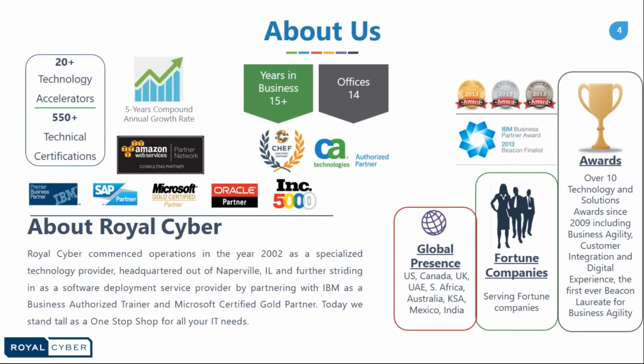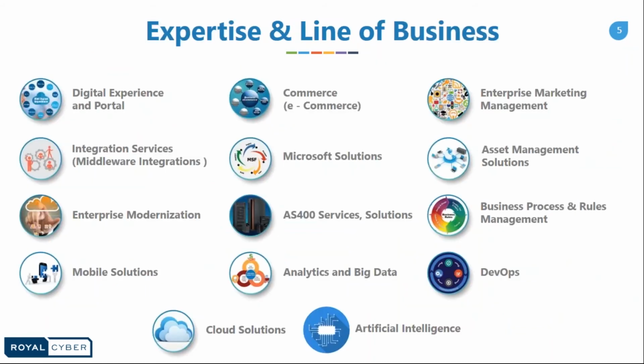Royal Cyber is headquartered in Naperville, Illinois, and is a leading software organization that provides services ranging from application development and deployment, training, and consultancy. We are IBM Premier Business Partners, SAP Hybris Partners, Microsoft, Oracle, and a few open source environments.